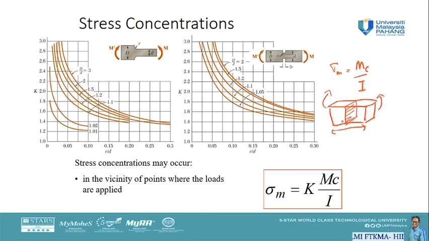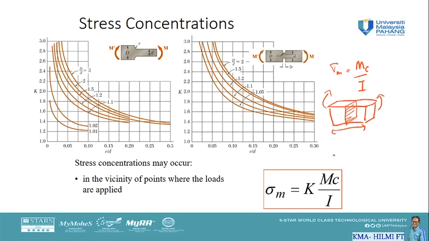But under other conditions of application of the load, stress concentration will exist near the point where the loads are applied. We also know that higher stresses will occur if the cross section of the member undergoes a sudden change. What does it mean by a sudden change?